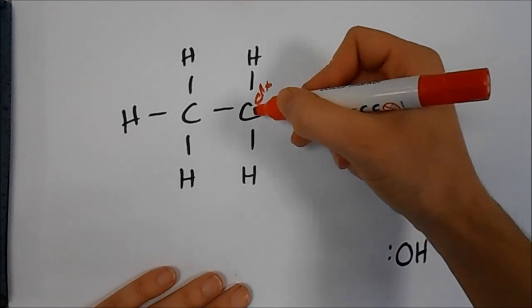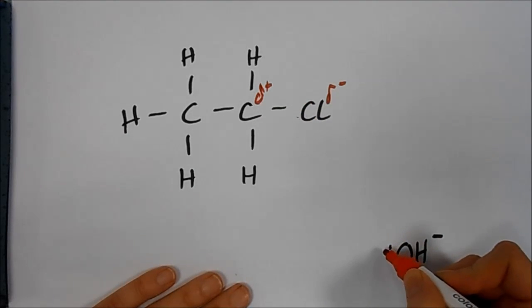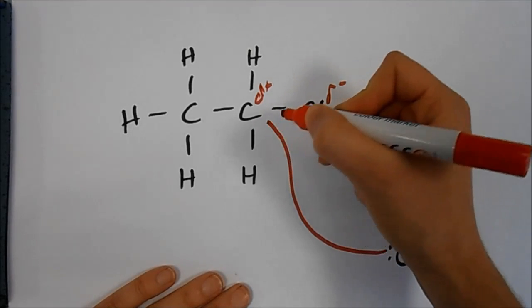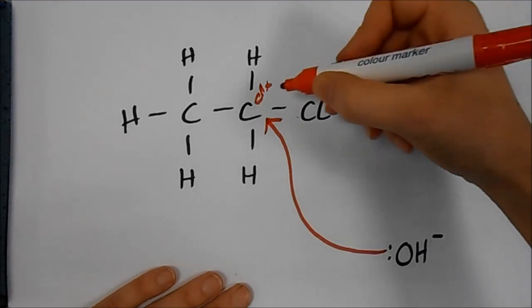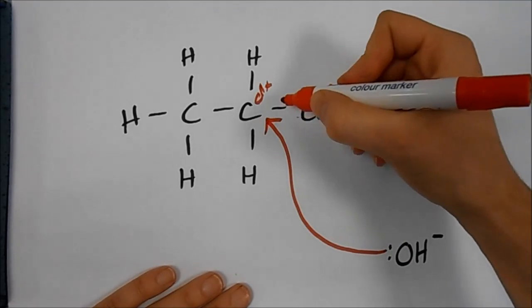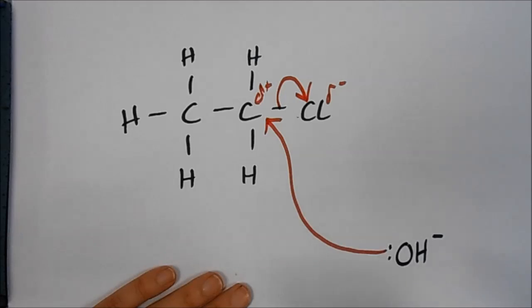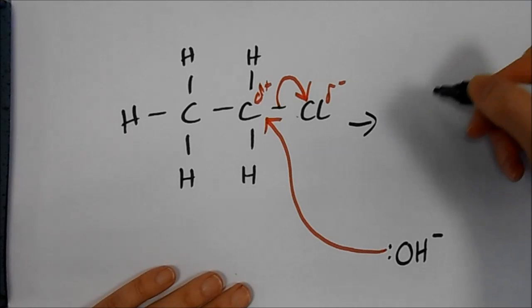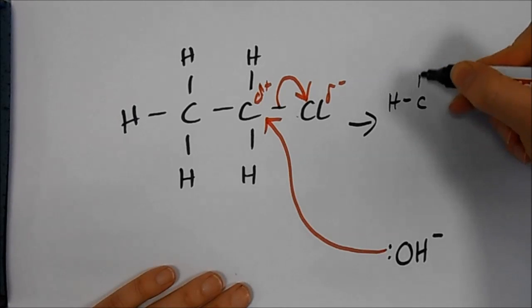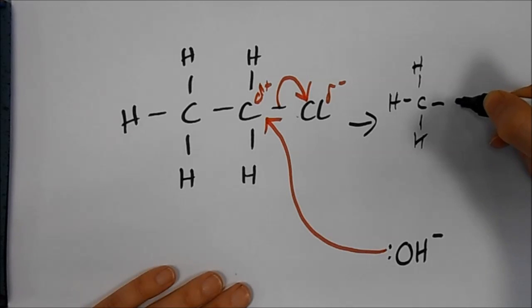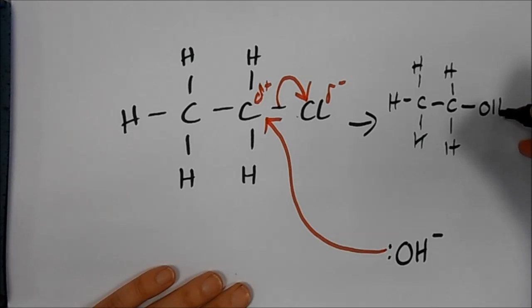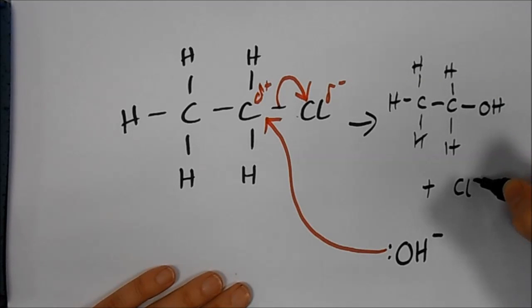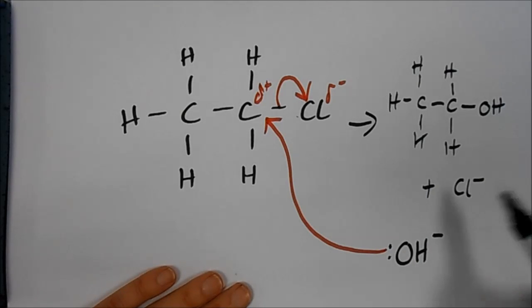It's going to be attracted to the electron deficient centre, and therefore we're going to donate a pair of electrons and form a new covalent bond there, and it's a substitution because simultaneously this chlorine is going to come off, and that will give us ethanol and a chloride ion.